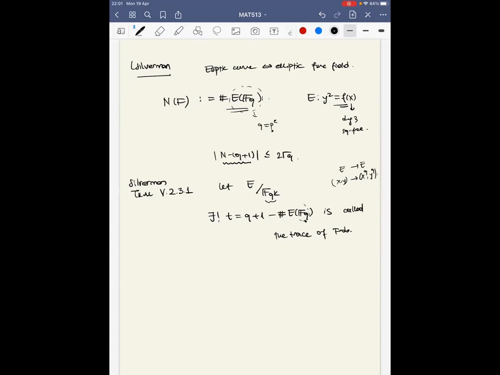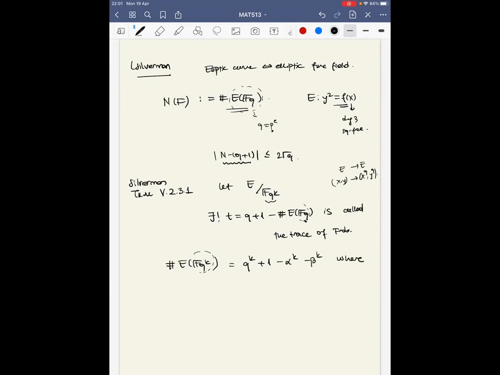Depending on this quantity t, the number of the rational points over F_{q^k} can be computed as q^k plus 1 minus alpha^k minus beta^k.